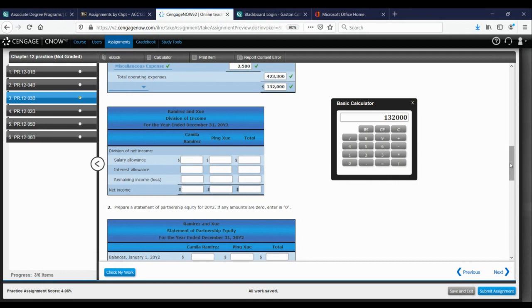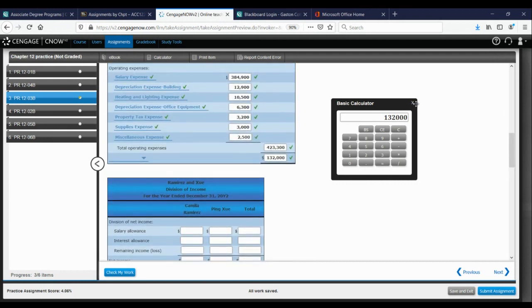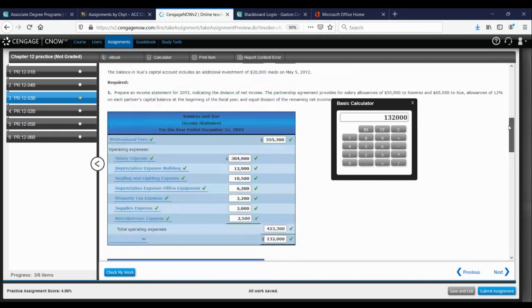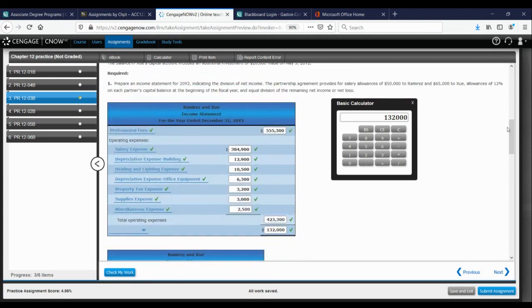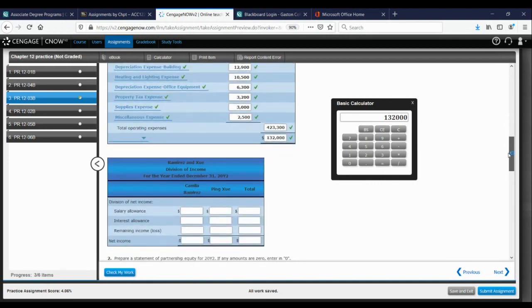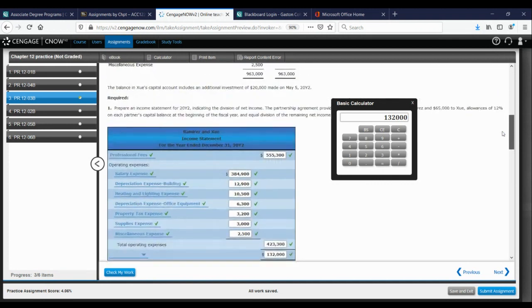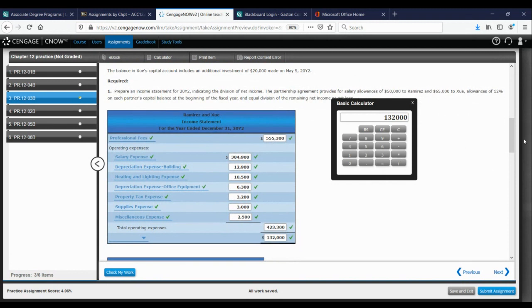And in your instructions to the problem, they told you that you had some salary allowances of $50,000 that were going to go to Ramirez. So 50,000.